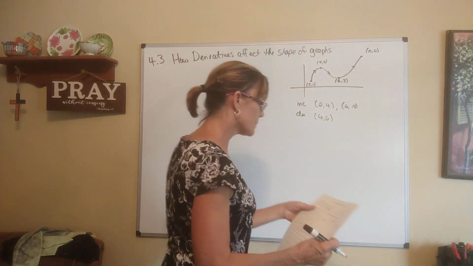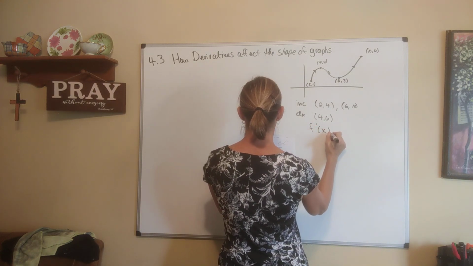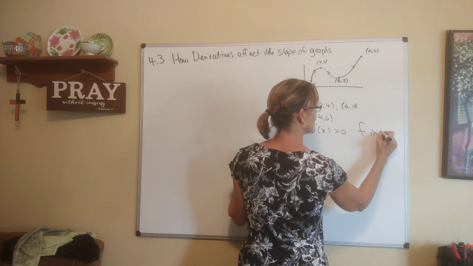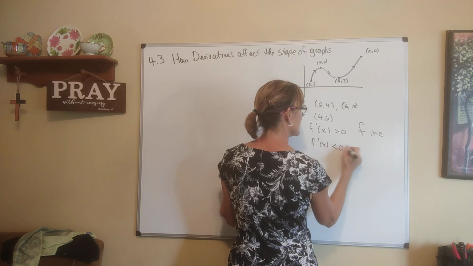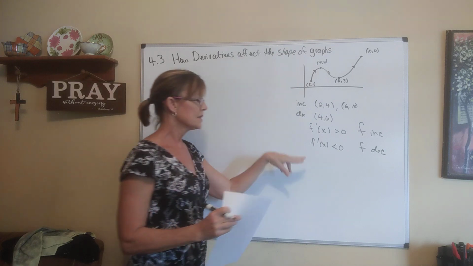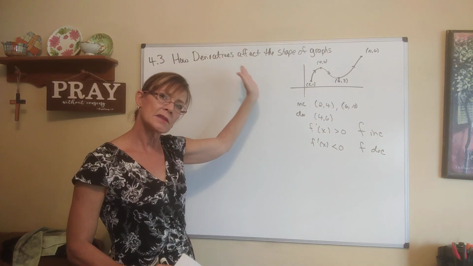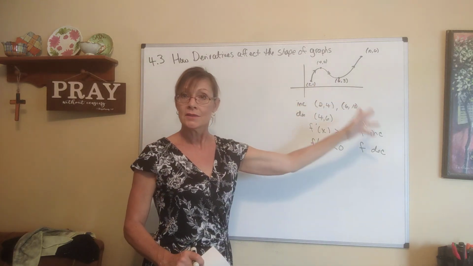We'll notice that when the derivative of x is positive, then f itself is increasing. And when the derivative of x is negative, then f itself is decreasing. So by having some knowledge about where the first derivative is positive or negative, we know what's happening with the graph of f itself.